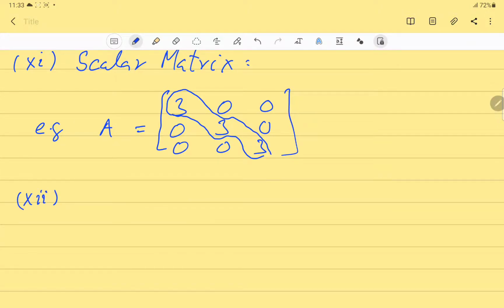Twelfth and the last type, identity matrix. Okay, now what's an identity matrix? A diagonal matrix is called an identity or unit matrix if all diagonal entries are 1. Very simple. Let's take an example.